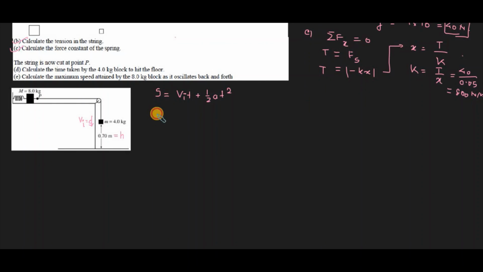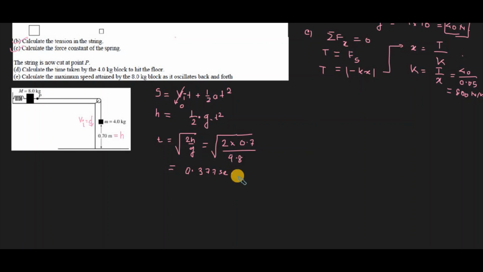Here S is represented by h, initial velocity is 0, and the acceleration is the gravitational acceleration g, so h equals half g t square. From there we can say t equal to square root of 2h by g. Here we are getting 0.377 seconds. So this is for the part D.